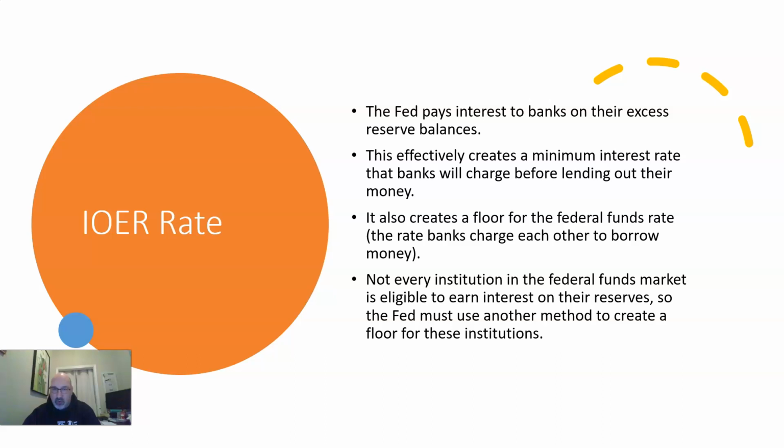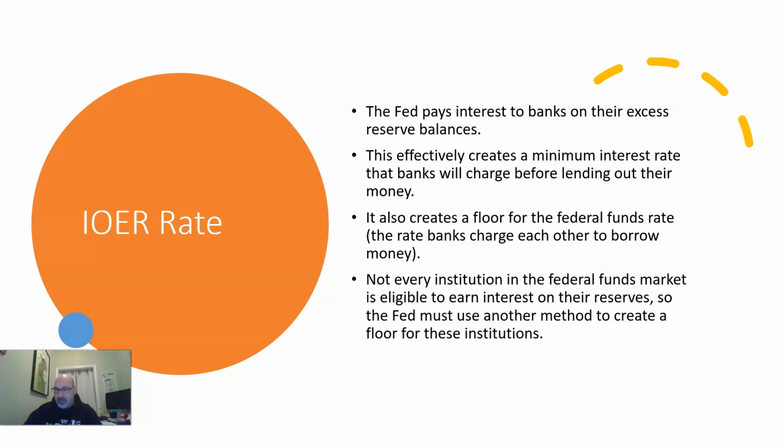So it creates that floor for the federal funds rate, and that's the rate the banks charge each other to borrow money. And so that happens at the end of the day. Banks look around. Do you have enough required reserves or do you not? And if you have enough, great.